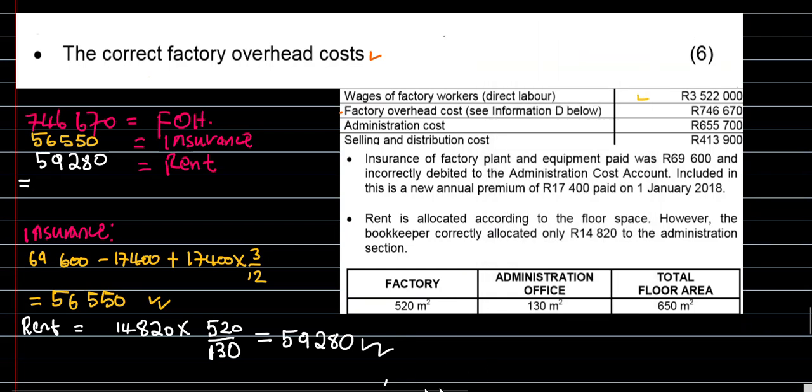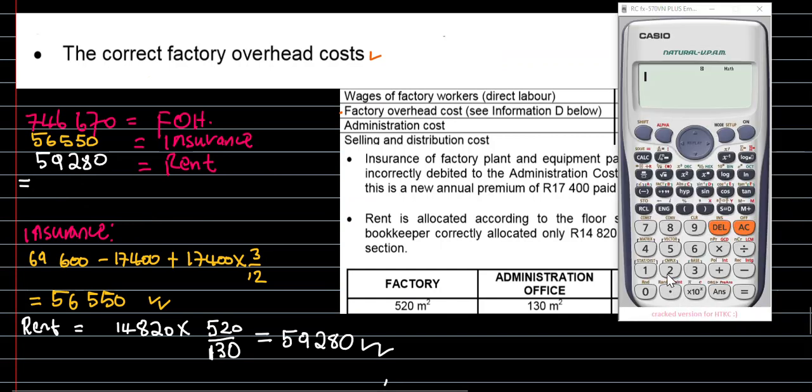So when we total up everything there, 746,550 plus 56,550 plus 59,280. Then we have 86... Oh, there's a mistake I've made there.